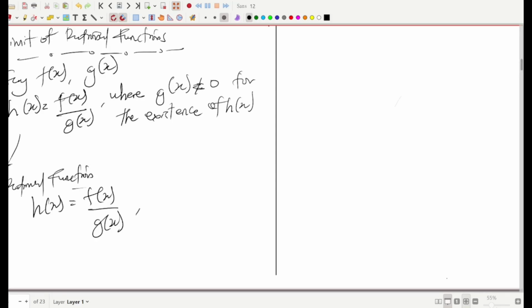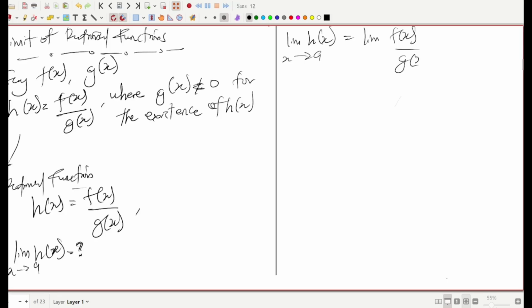Finding the limit of h of x, what will it be? The limit of h of x will be the limit of f of x, say as x approaches some constant a, over g of x as x approaches a.